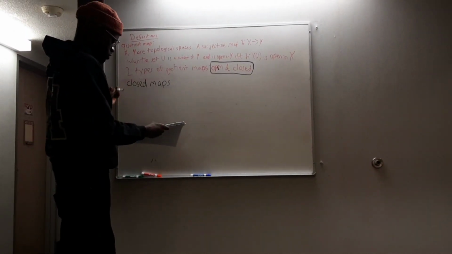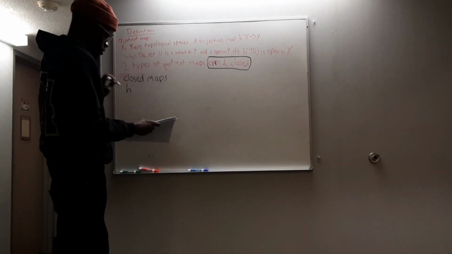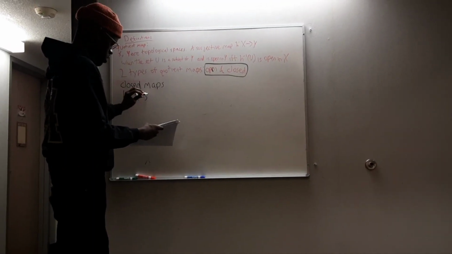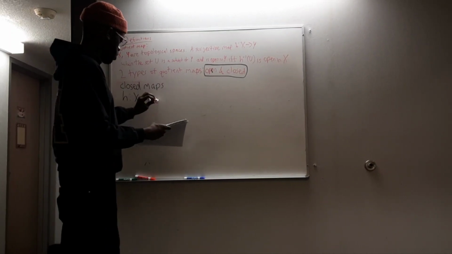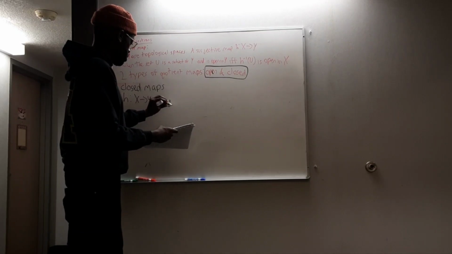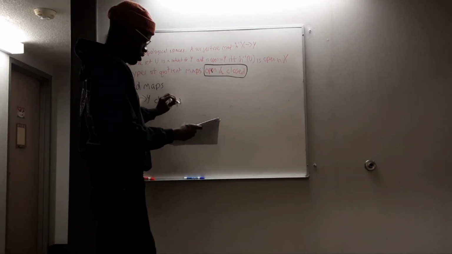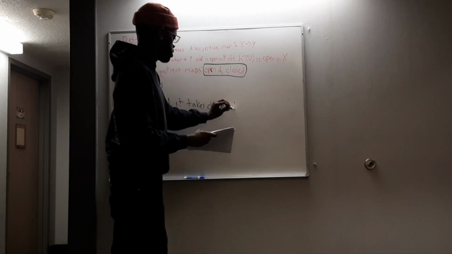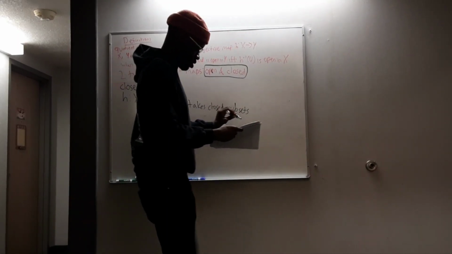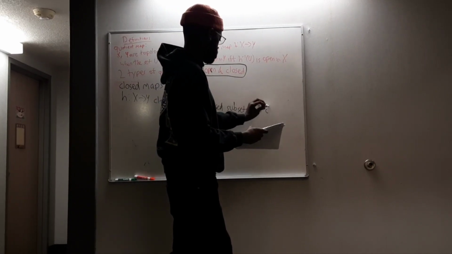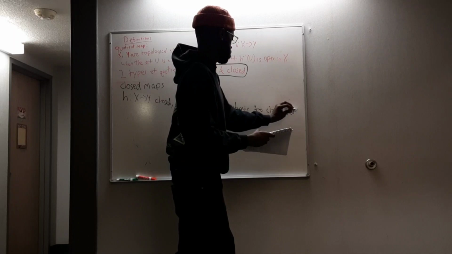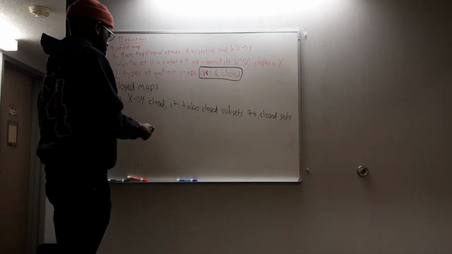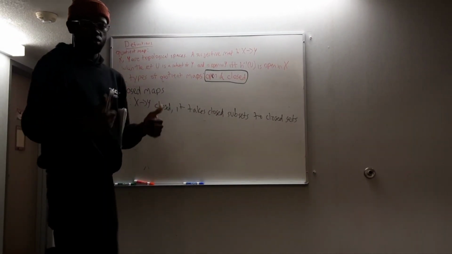You would have your map H from X to Y being closed, and to sum it up, it takes closed subsets to closed sets. That's basically closed maps.